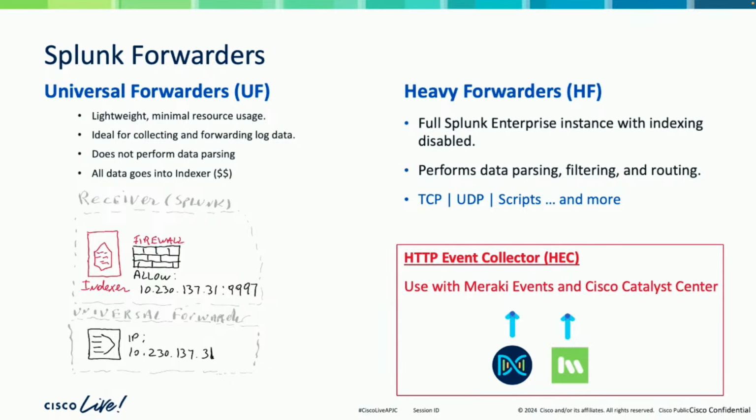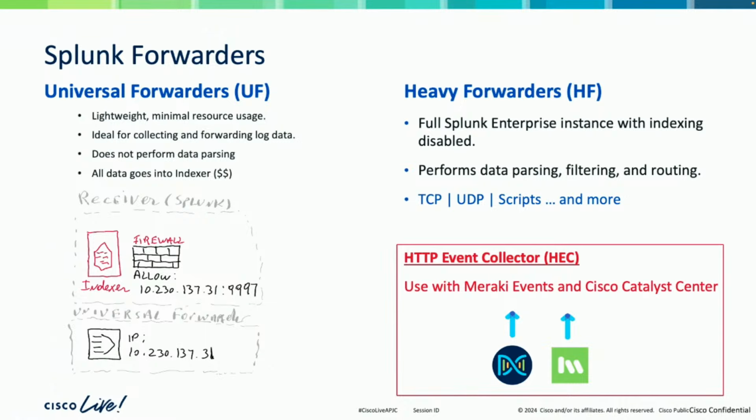Heavy forwarders are basically a full Splunk Enterprise instance with indexing disabled, which means you have to go in and configure a heavy forwarder, and there are different types of heavy forwarders I'm going to talk about. You go in and configure it and say, I want you to take some action on the data that's coming in before it gets saved into Splunk and becomes searchable.